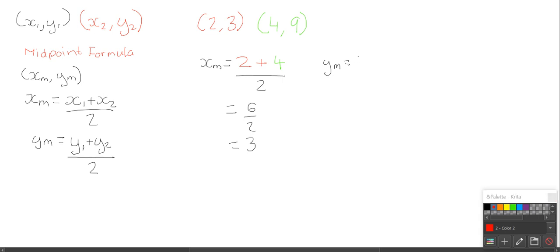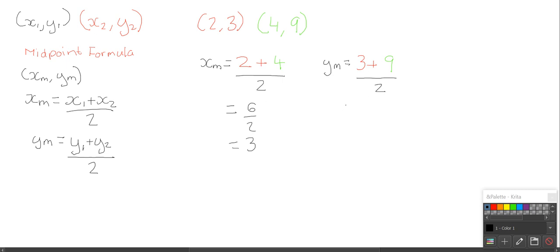The y1 coordinate, which as we can see above is 3, plus the y2 coordinate, which I'll do in green because that's the green point that we've got up there, 3 plus 9, and that's going to be divided by 2. Okay, so that's part of our formula.